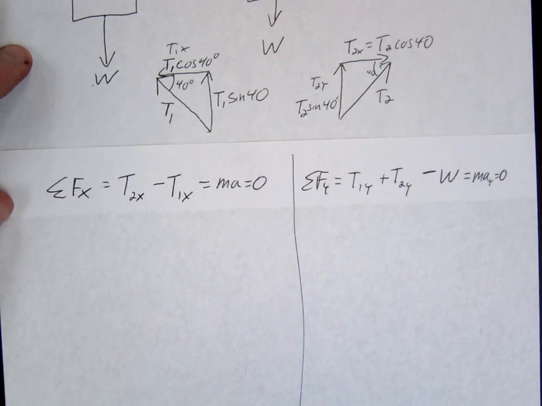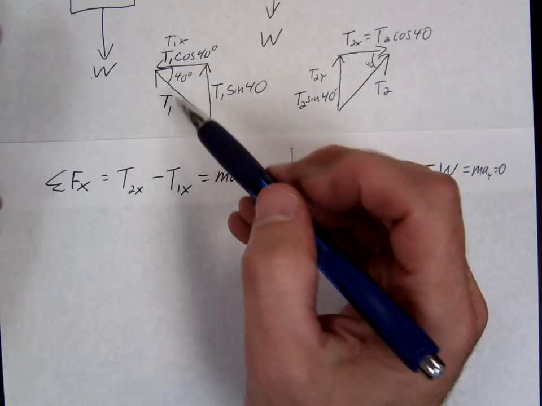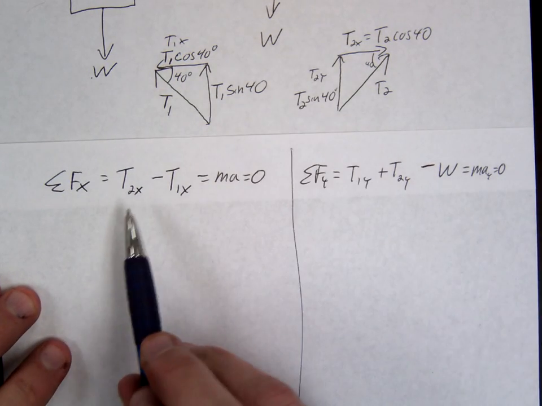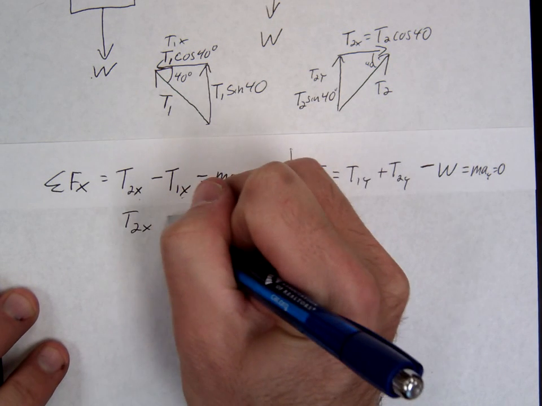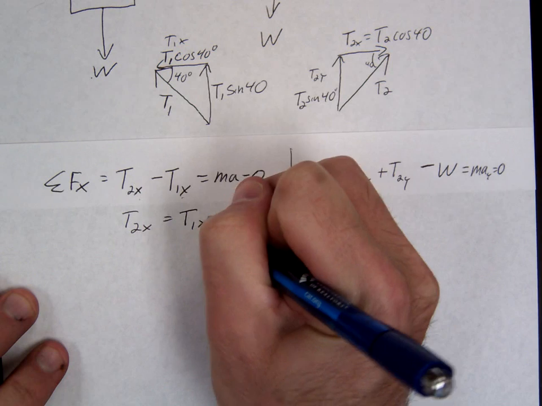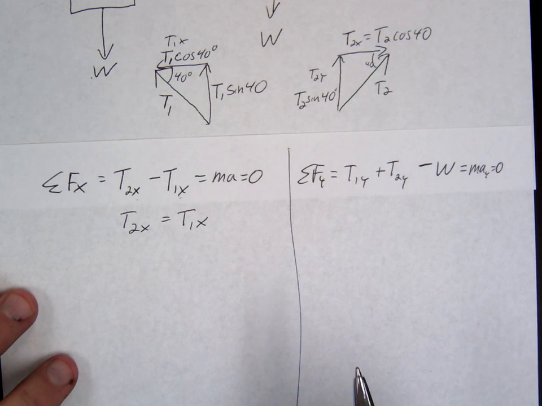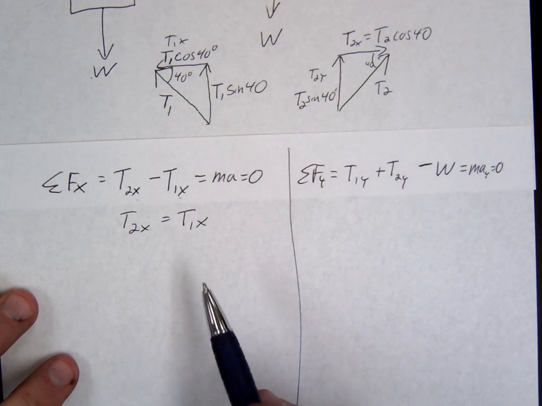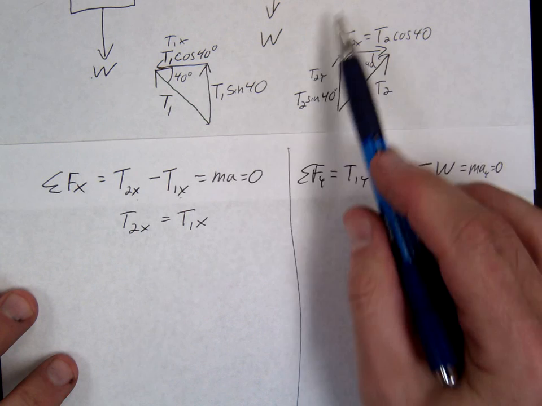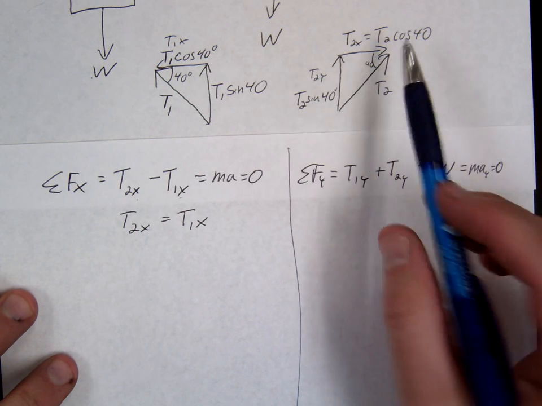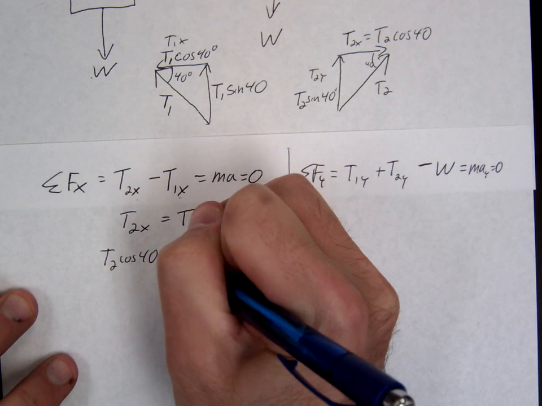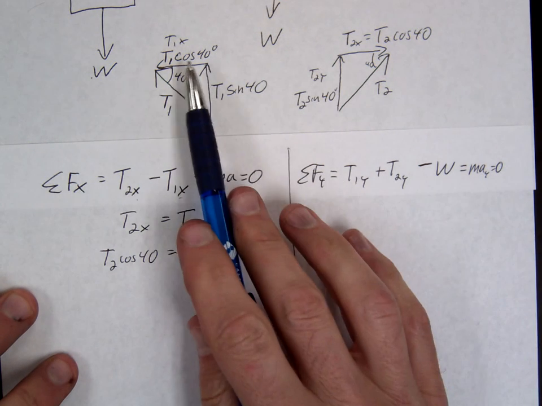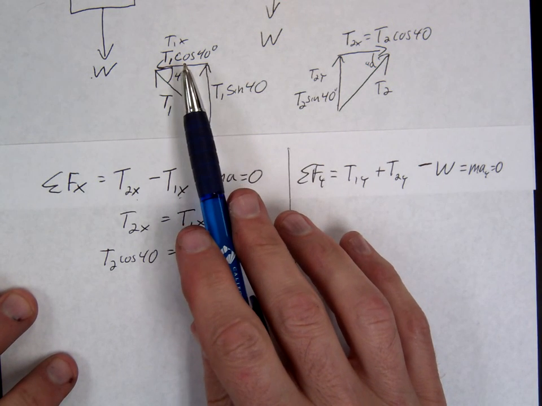So let's go ahead and fill in our triangle stuff here. What is this going to tell us? T2x is equal to T1x. So T2x, we already found here. That was T2 cosine. T1x, we found that right here.